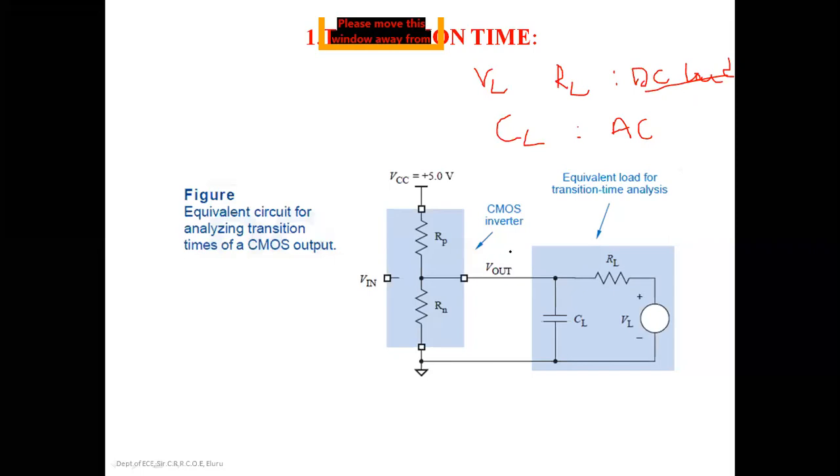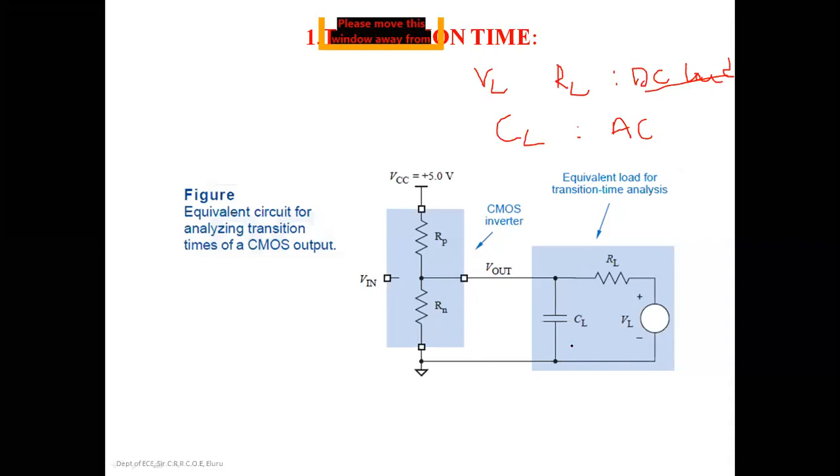And how do we determine the current and voltages in the dynamic state? Dynamic state means the output is switching between the states continuously. When the output is changing between the states, every time it has to charge the stray capacitance, and again it has to discharge the stray capacitance.